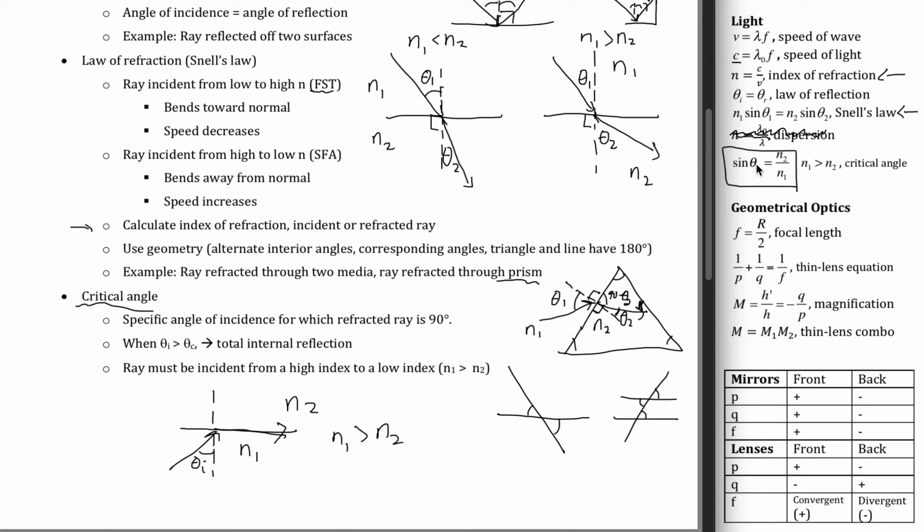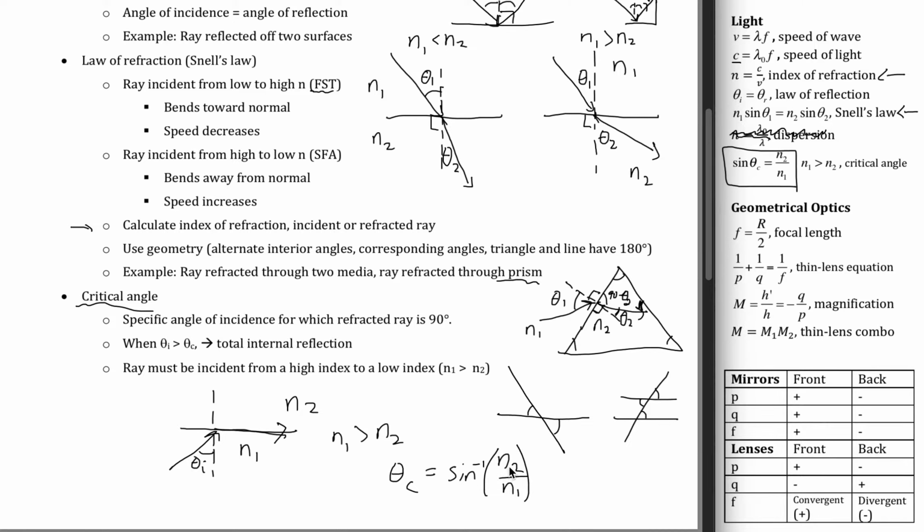So that critical angle is determined by this equation. So you can take the inverse sine of that equation to get the critical angle by itself equals inverse sine of N2 over N1.